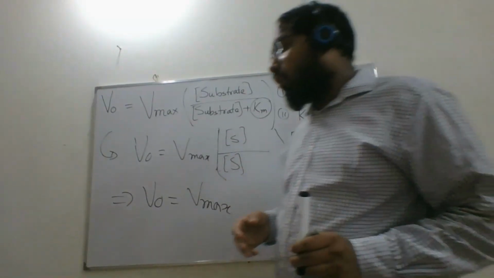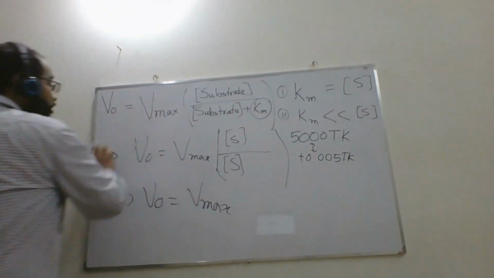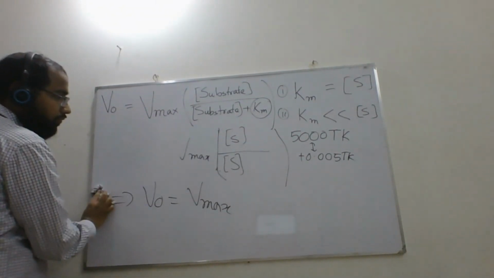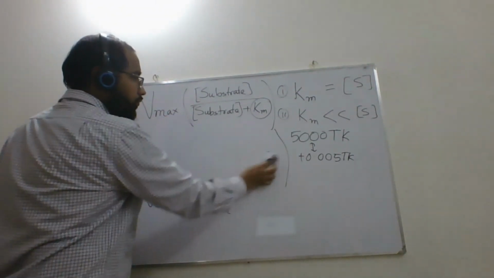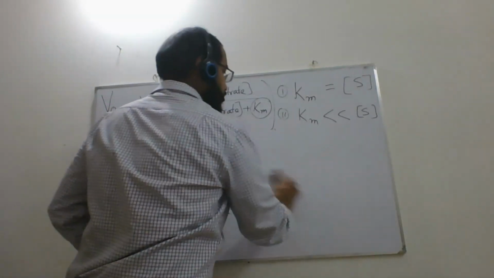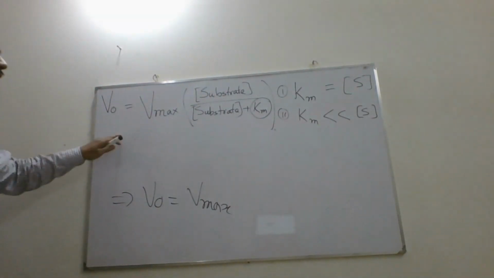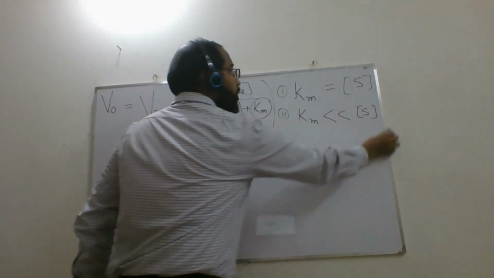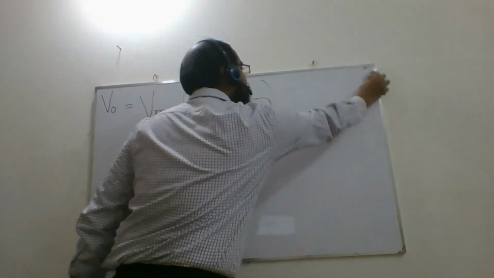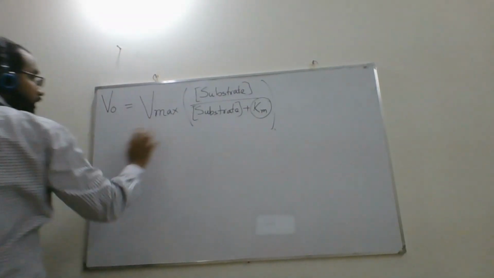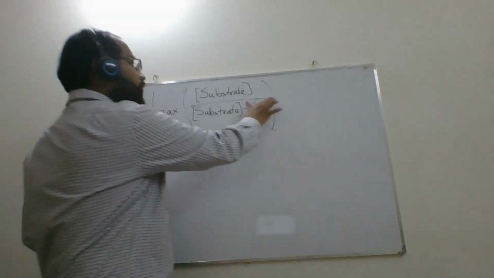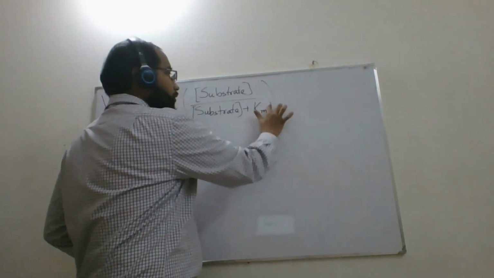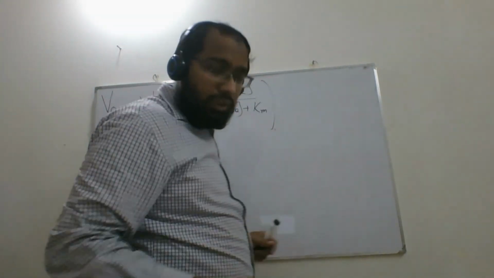Now we will go to another format. If you want to linearize the Michaelis-Menten equation, why do we need to linearize?